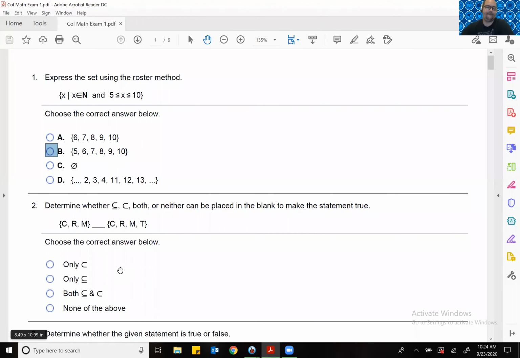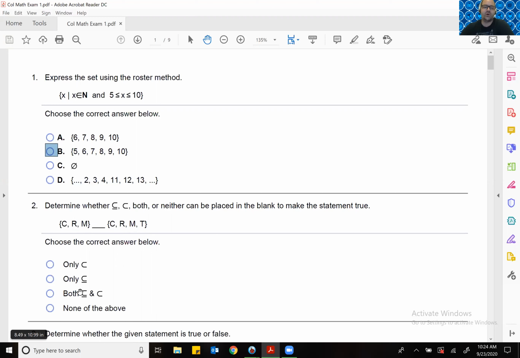Talk to me about that. Because it has some of the same elements of the second one. You got it. To be a subset, you have to have elements of the main set. And CRM are elements in the CRMT set. So we definitely know it's one of these two.